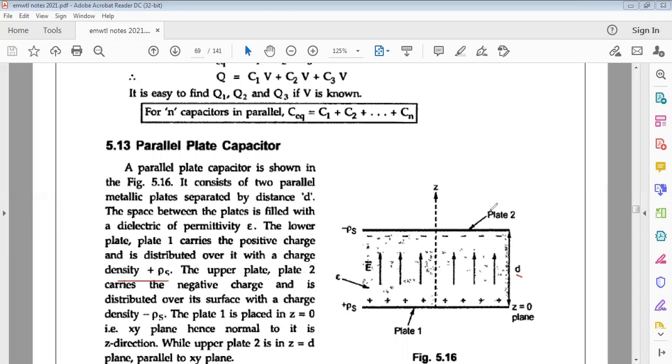The upper plate, plate 2, carries negative charge distributed over the surface with a charge density of minus rho s. Plate 1 is placed at Z equal to 0 in the XY plane, normal to the direction of Z.